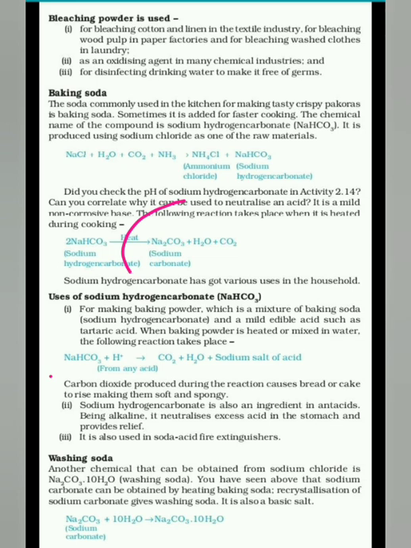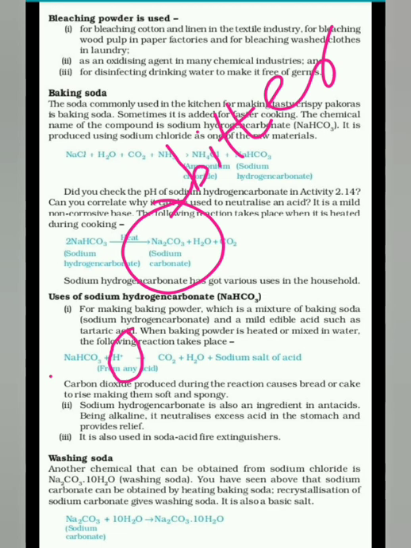As I told, the sodium carbonate is basic in nature and so it is bitter in taste, and the acid, or H plus ions present in acid, neutralizes this sodium carbonate produced during the decomposition. If only sodium hydrogen carbonate, that is baking soda, is used in making cake, then sodium carbonate formed due to heat gives bitter taste to the cake.